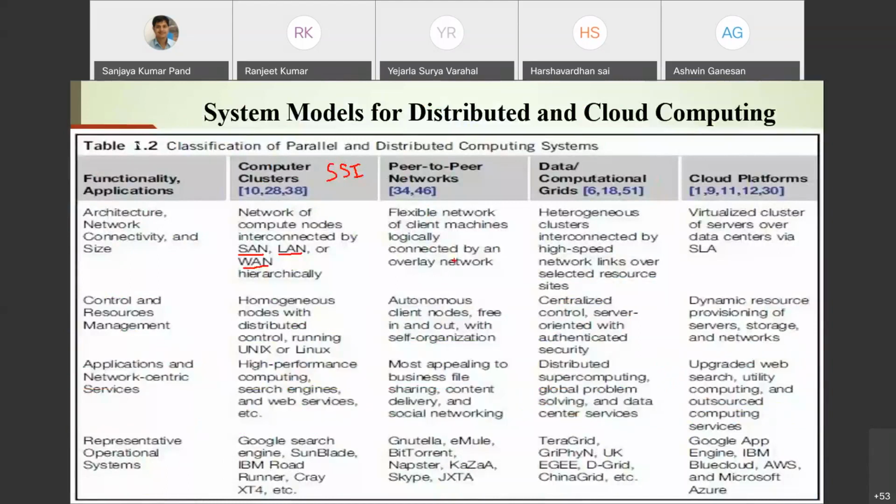Coming to the data and computational grid, actually data grid is different, computational grid is different. Sir, your voice is breaking. Hello, is my voice audible?